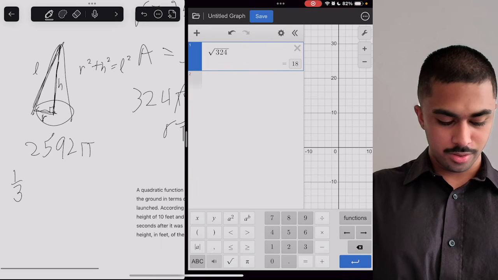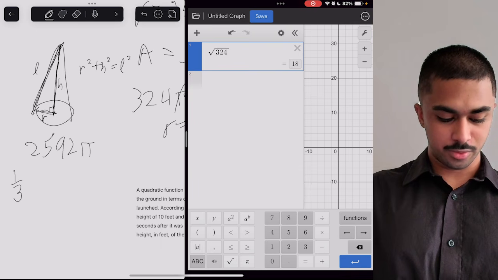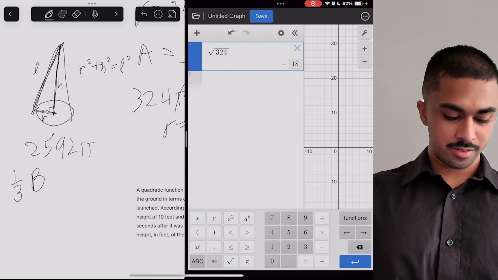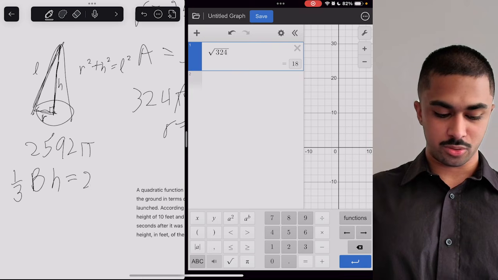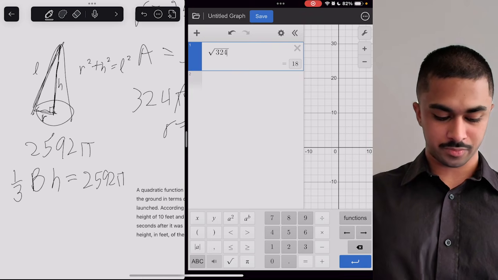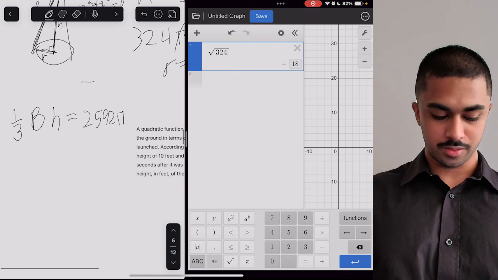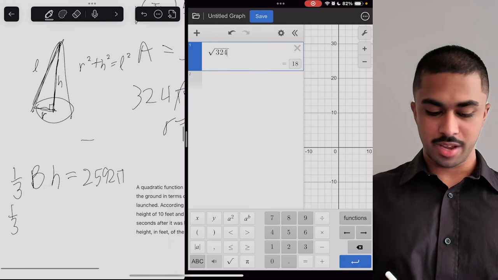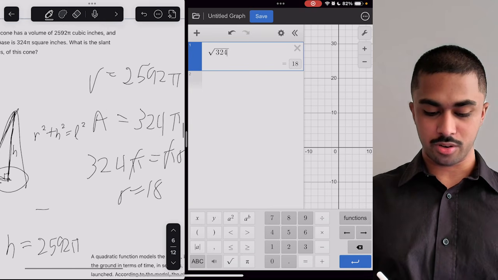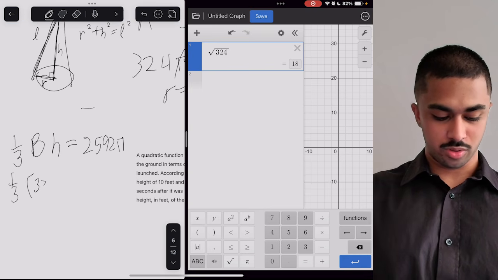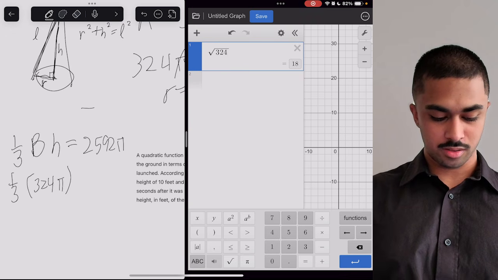So 1/3 base area, which I would label as a big B, times height equals 2592 pi. All right. And we know that the base area is the 324 pi. So 1/3 times 324 pi times h equals 2592 pi.